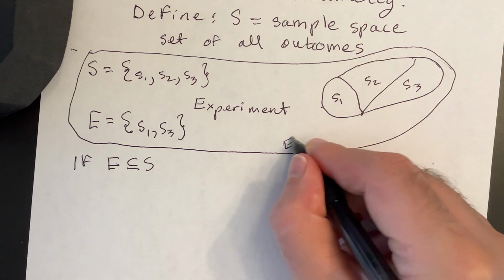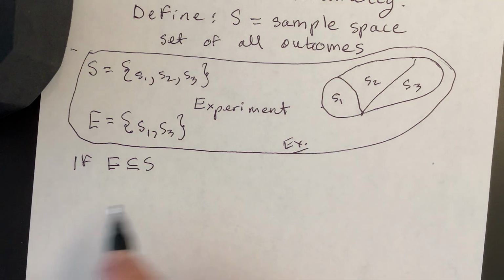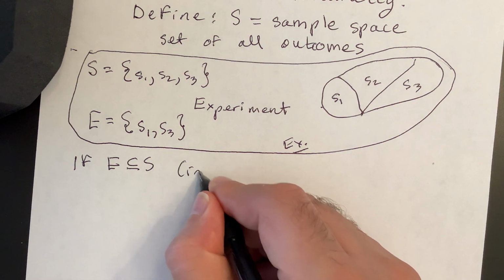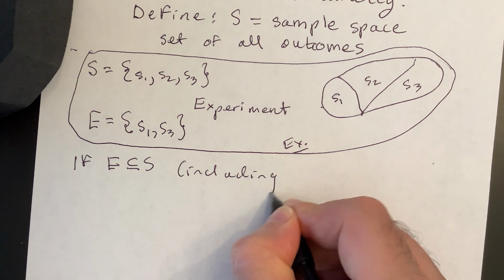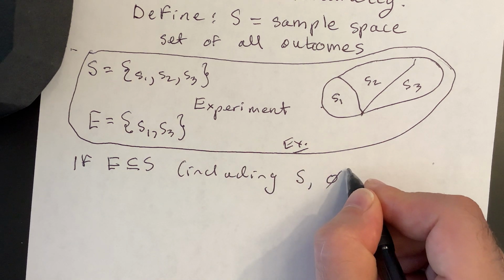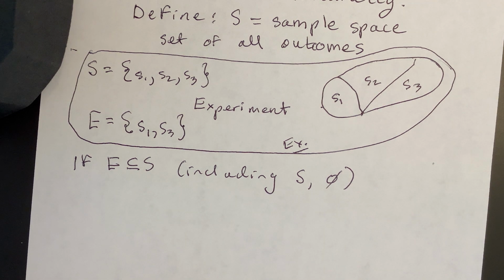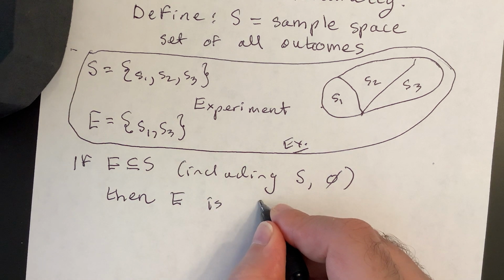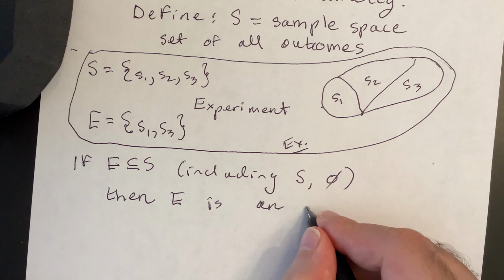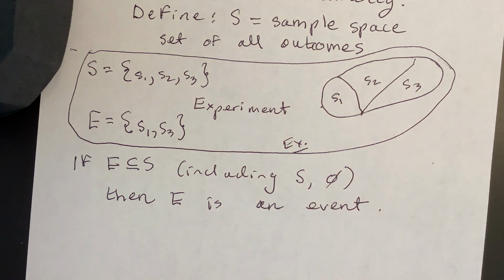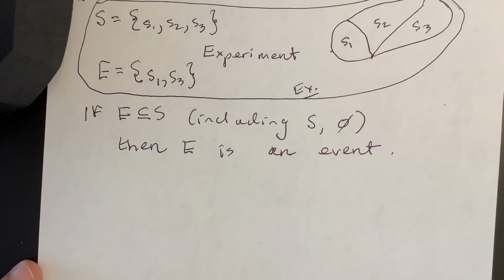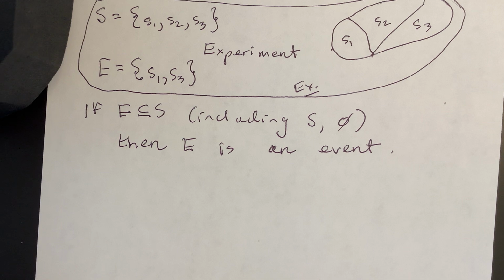If E is a subset of S, including the empty set and S itself, then E is called an event. The empty set and S itself are special ones. Generally, we will not be focused on those as much, but they come up mathematically.